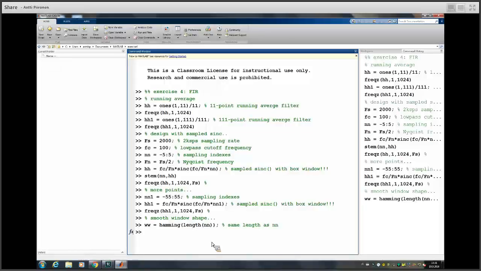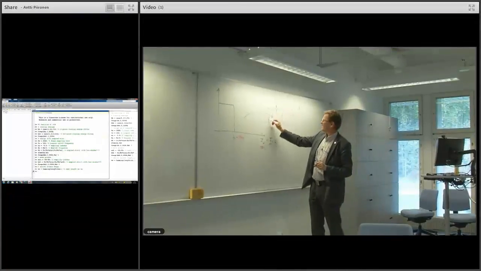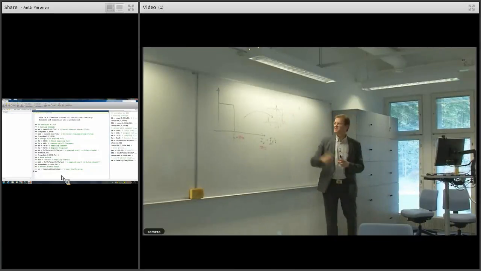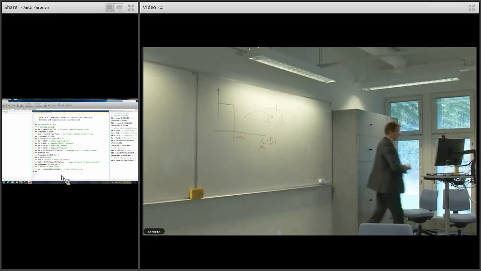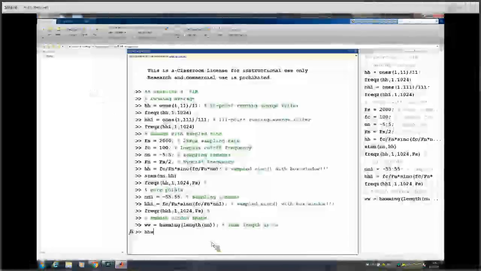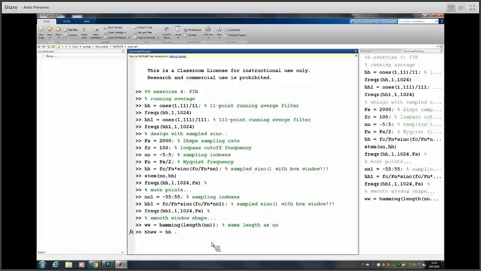So basically, now we are multiplying this original box window with the Hamming window. Fundamentally, it's the same thing as using this kind of multiplier window for the sink. And now our HHWW would be HH original one times dot times WW transposed.